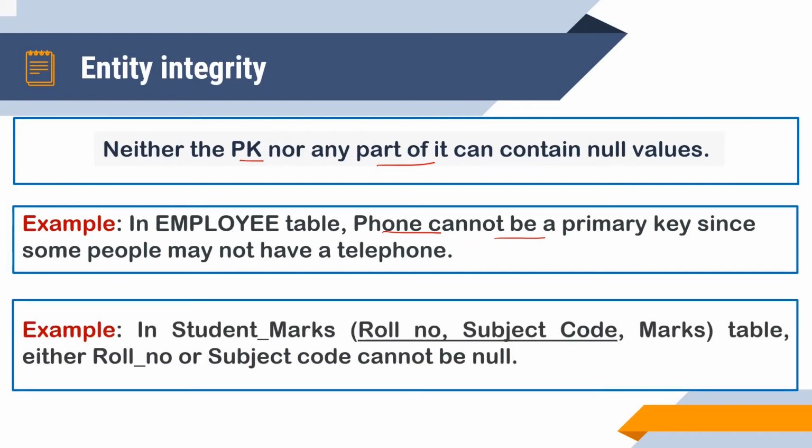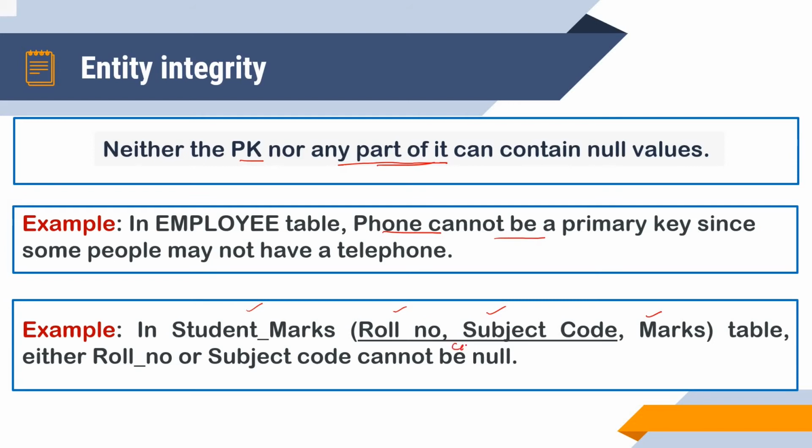Now, if you look at the second part, which is that no part of the primary key should contain null values. Look at this table: student marks, with roll number, subject code, and marks. These are the three attributes of this student marks table. This is a composite primary key, roll number and subject code taken together.